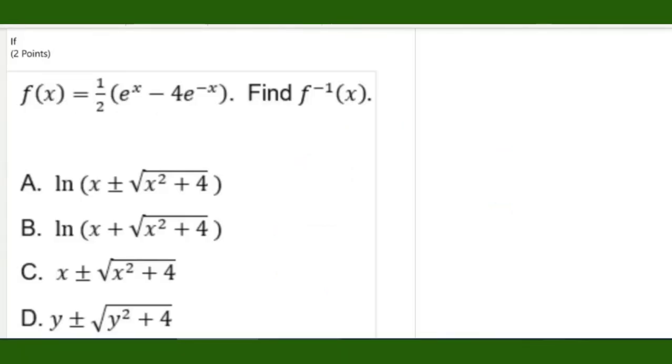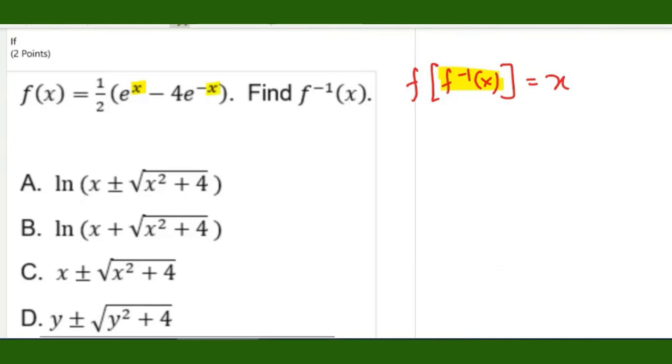Okay, we shall continue with number 5, to find the inverse of the function given here. By using the property of inverse, that is f of f inverse of x equals x, we need to substitute our inverse of f into our f(x) function.